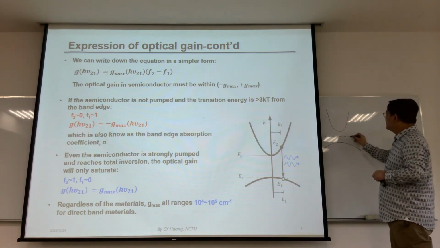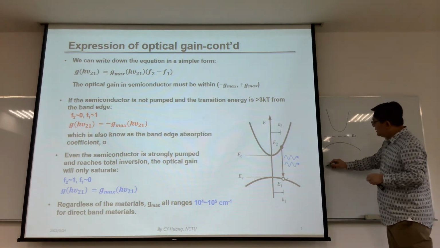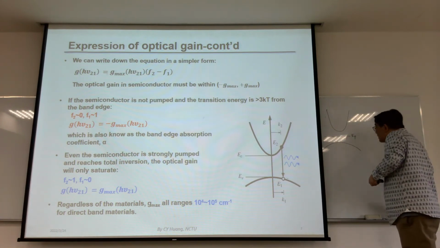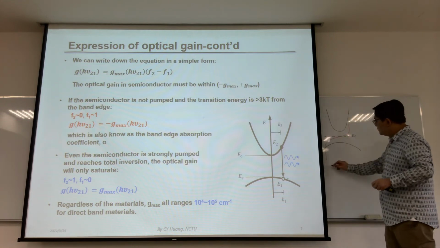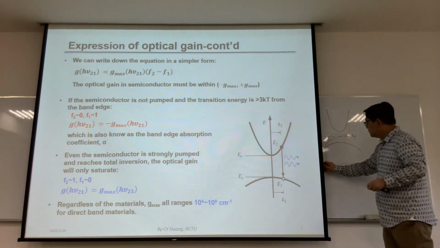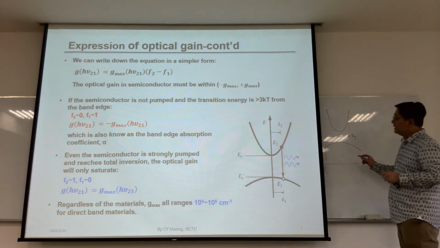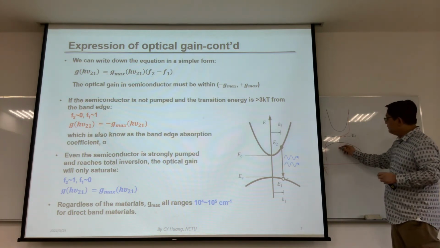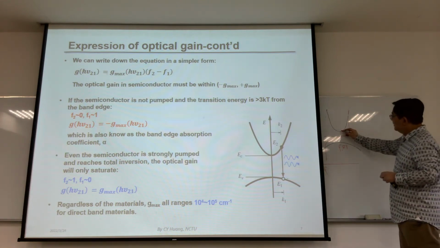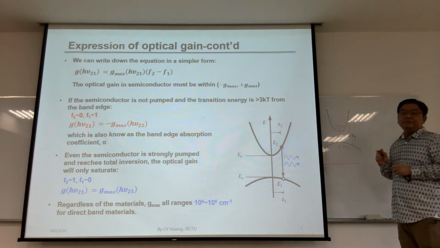Under no excitation, EF is here, and the probability should be like this. This is F, and this is E. So at this low level, F1 is almost 1, and F2 is almost 0.